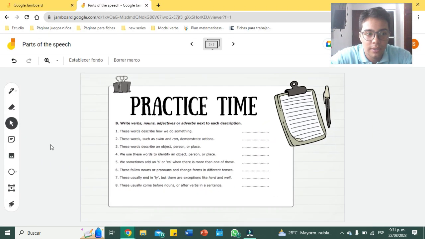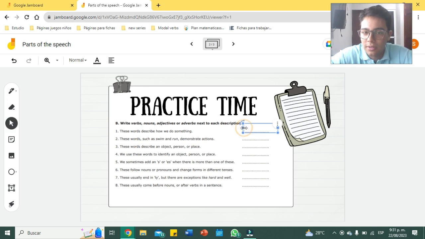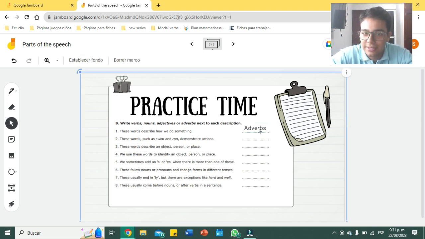Here it says, this word describes how we do something, the way that something is done. So here we're talking about what? About adverbs. That's right. Okay, the second one. These words such as swim and run demonstrate actions.